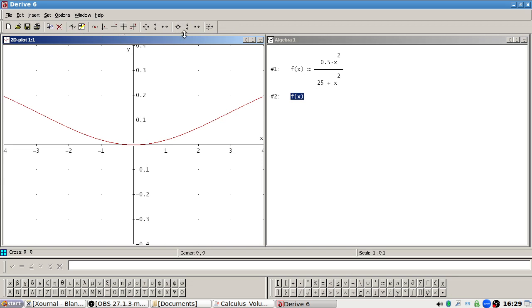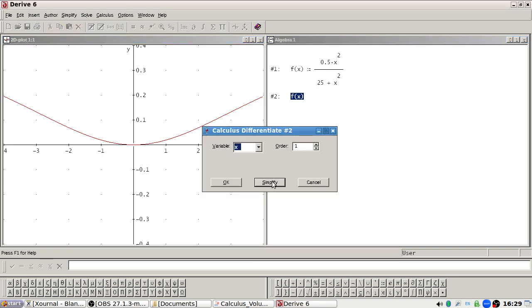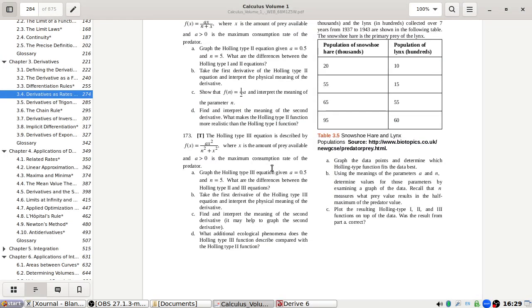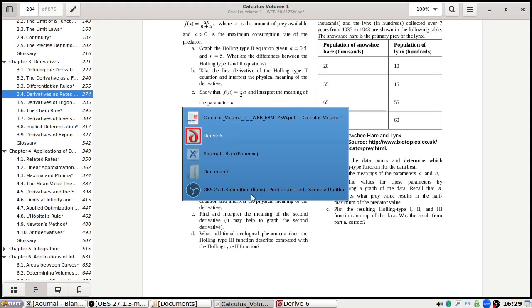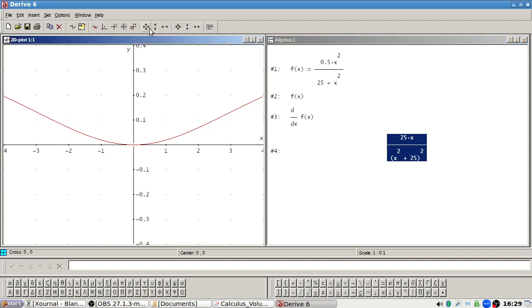Interesting. Derivative. Okay. Yeah, well, this one, does it level off, I wonder? Yeah, it does appear to level off.